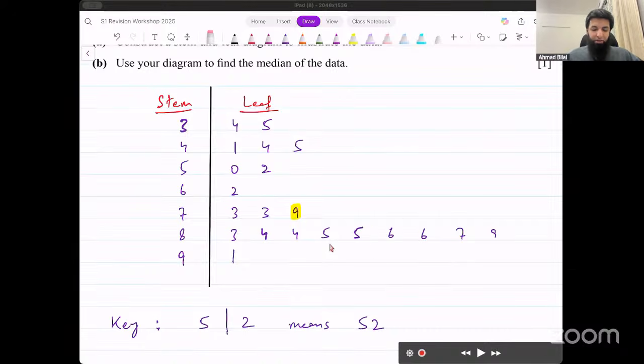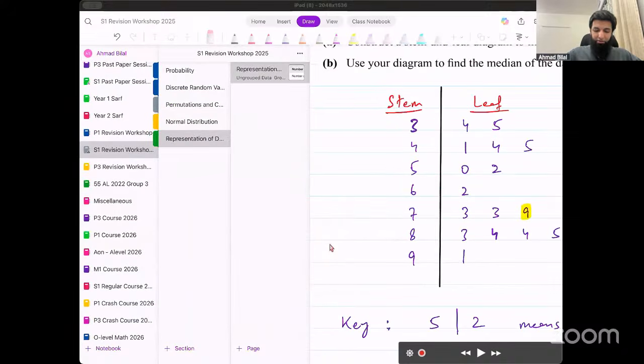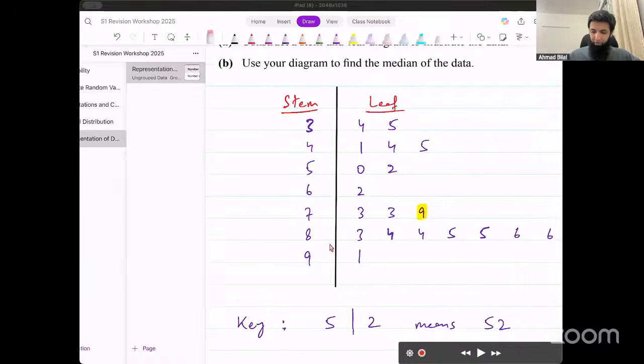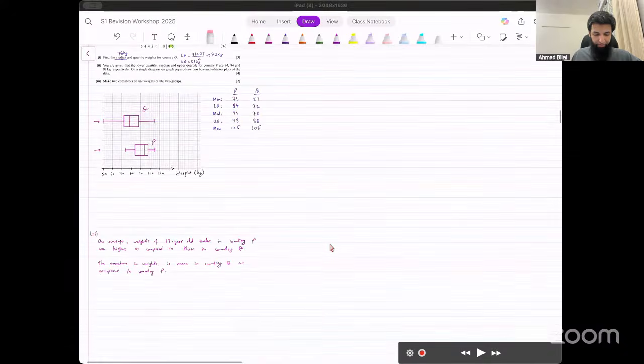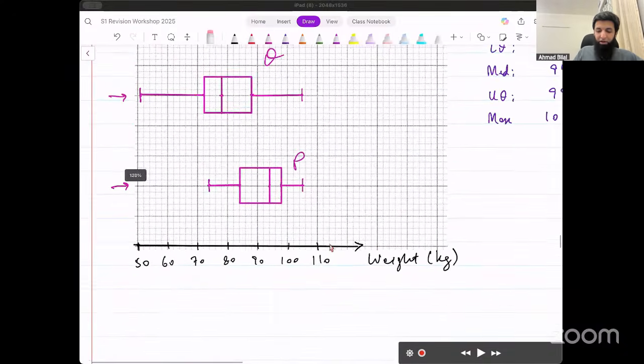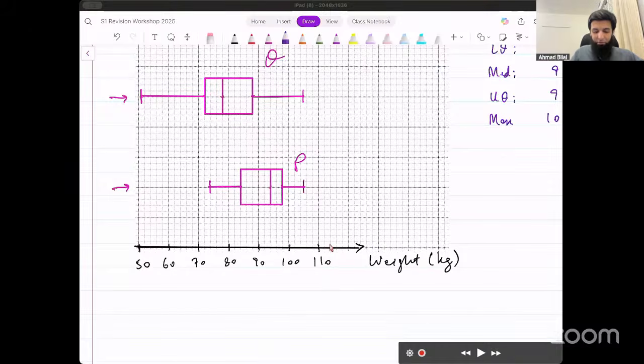Okay, so when you are starting the graph from another value, let me show that to you. Representation of data, it might be in this as well. Okay, so when the horizontal axis is starting from a value other than 0, you can just start from that value directly like this.